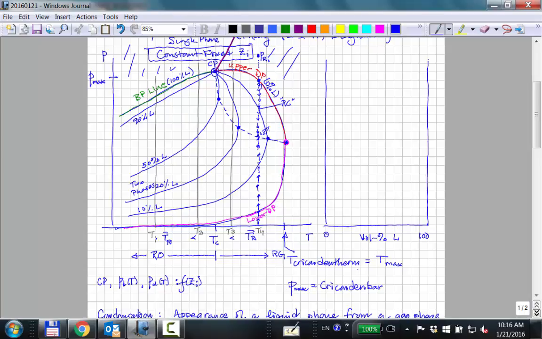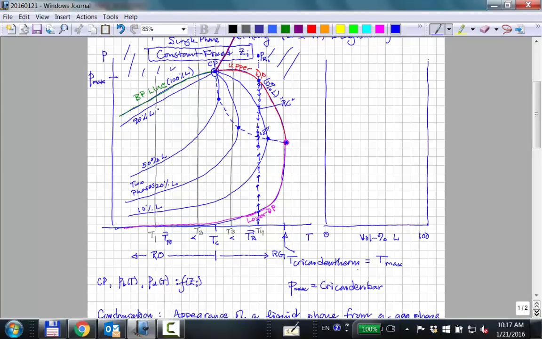And I'm going to sketch that figure at 4 different temperatures: a low temperature, a higher temperature just less than the critical, a yet even higher temperature just above the critical, and then the highest temperature, T4. And just so you get a feel for what these so-called liquid volume curves should look like.